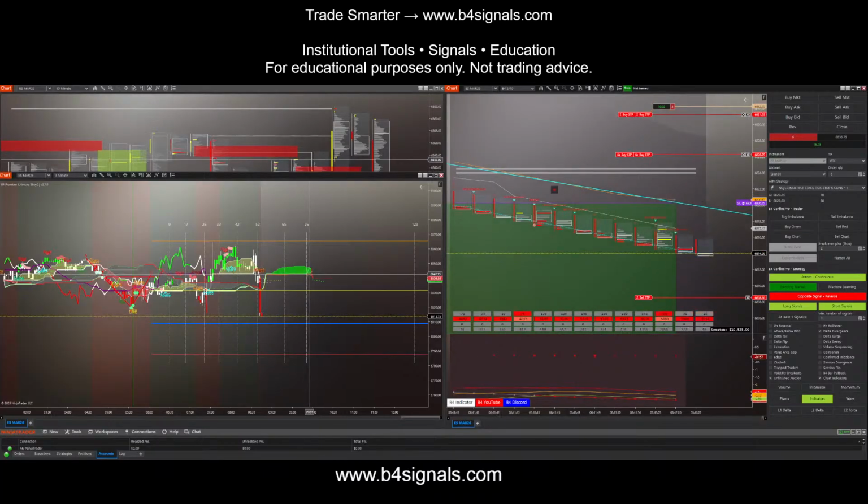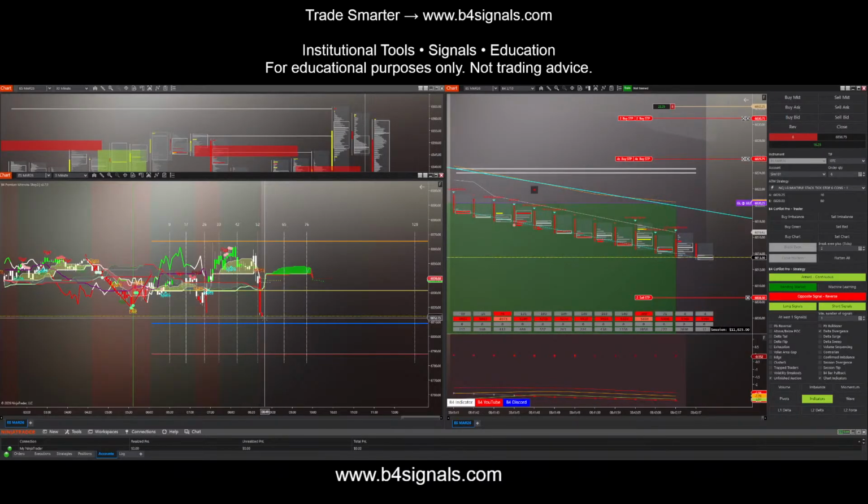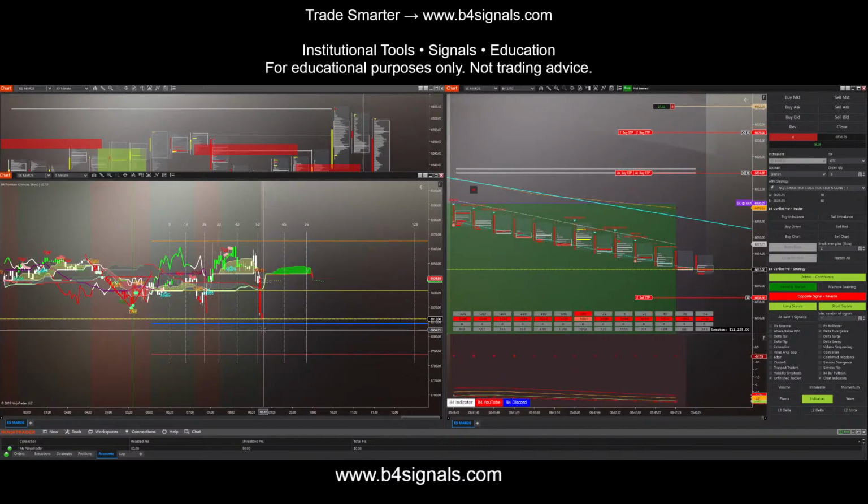We had the Kumo twist, which, as you know, is an aggressive move. A lot of times there's volatility in that, especially when the Kumo twist and the TK cross happen at the same time. In this instance, it was a weak TK cross. We're still targeting down here to the downside, to the 68.10.